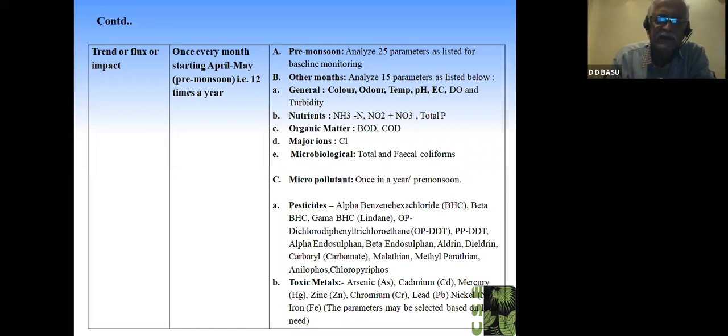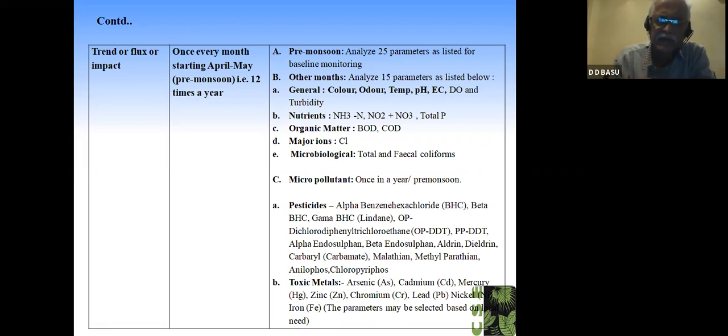Trend analysis, more or less the same parameters you have to choose. Pre-monsoon, analyze the 25 parameters listed for baseline monitoring. That you have to do. Ammonia, organic nitrogen, measure ions, microbiology, then this. Pesticides, you will see what kind of pesticides are used in agriculture in that area, and accordingly you select the stations.